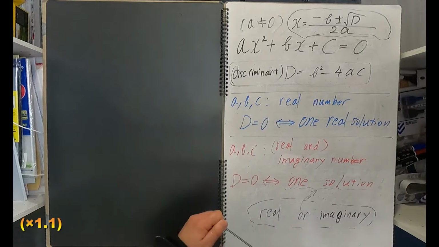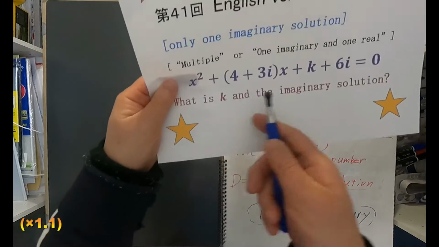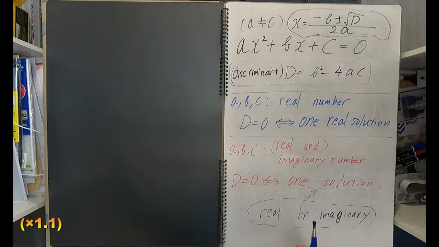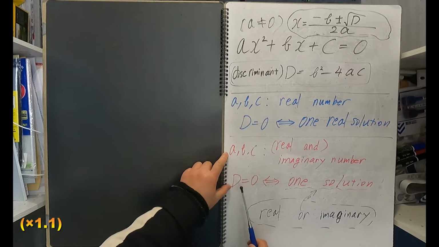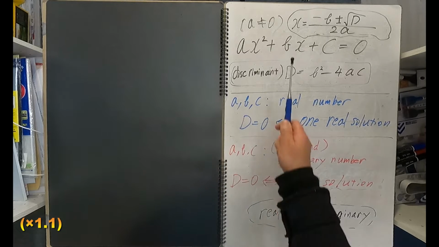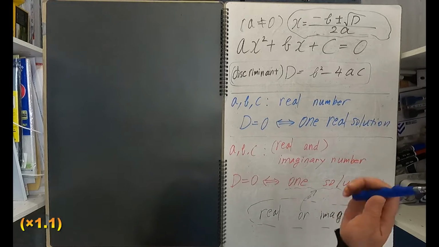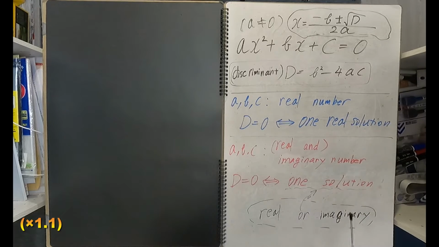On the other hand, like this equation, the coefficients have imaginary numbers. In this case, if the discriminant is 0, this equation has only one solution, but the solution is sometimes real and sometimes imaginary.